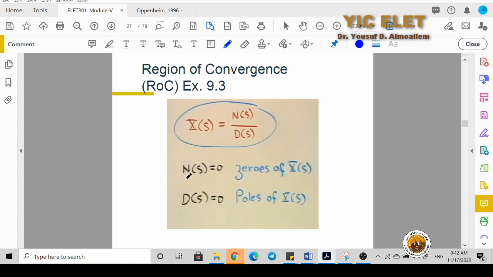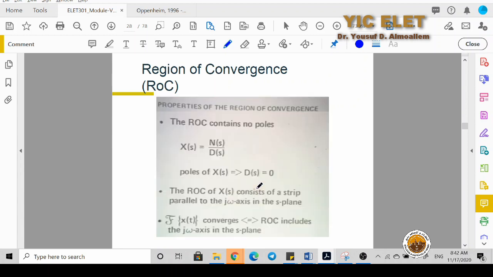Again, this is the numerator and this is the denominator. We call these the zeros of X of s, and these are the poles of X. So these are the poles when we set the denominator equal to 0. The region of convergence for X consists of a strip parallel to the j omega axis in the s-plane.